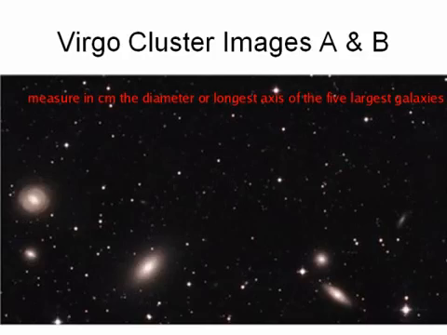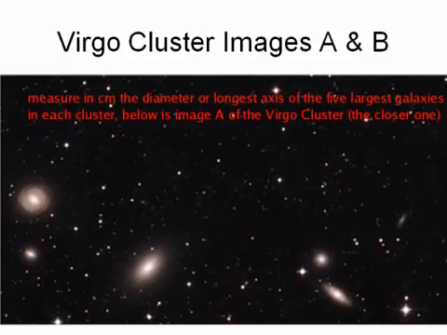Okay, below is image A of the Virgo cluster, which is the closer one. One galaxy here on the left side, the brighter one, is pretty round, so it doesn't really matter in which direction you measure its size.